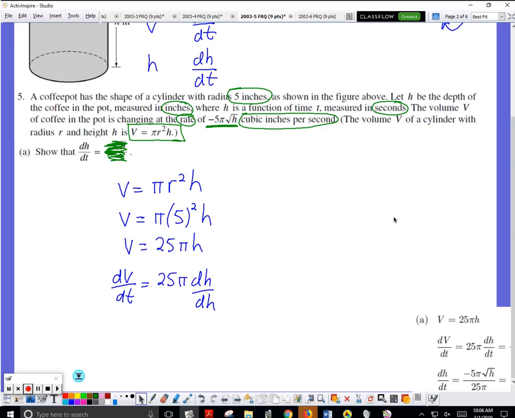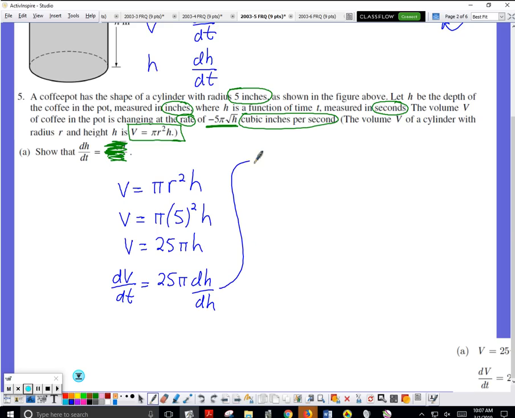So divide. So I get dV/dt divided by 25 pi is dH/dt.